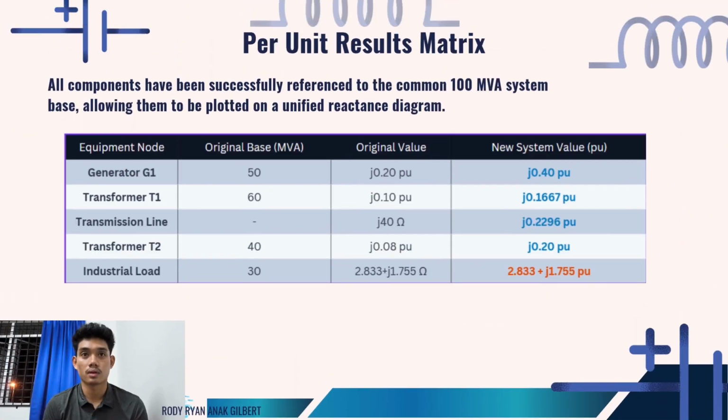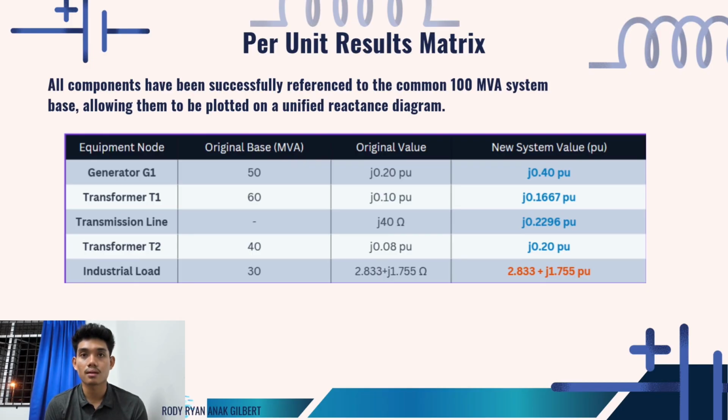Thank you. My name is Rudy Ryan. Today I'm going to present about the per unit result matrix. Based on this slide, everything is now on the same 100 megavolt amp base, so we can put them all on one vector diagram. You can see in the matrix that generator G1 went from j0.20 on its own 50 megavolt ampere base to j0.40 on the new system base. Transformer T1, which was j0.10 on a 60 megavolt amp base, is now j0.1667.